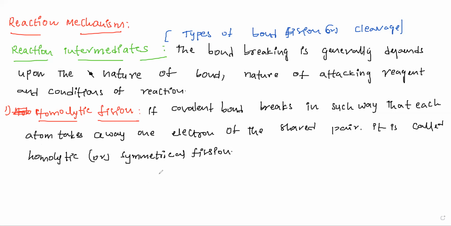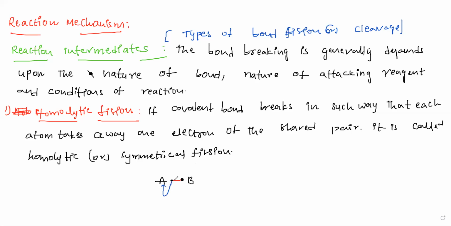For example, this is A, bonded with B. If homolytic fission takes place between the two atoms, what will happen? Each atom takes one electron.